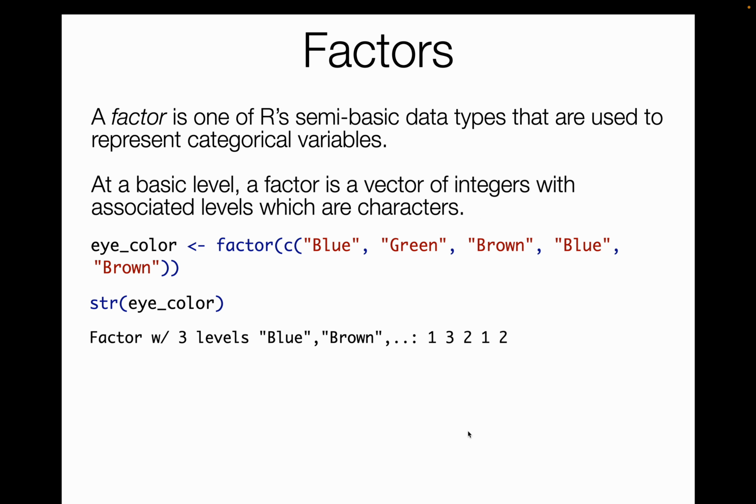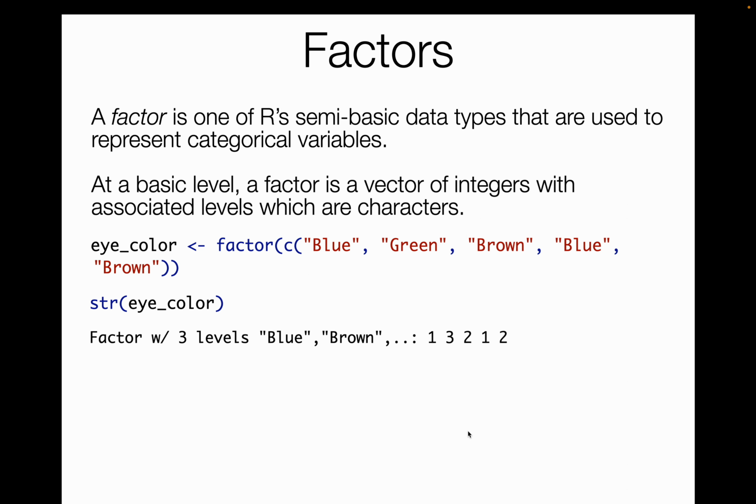And it shows blue and brown, but there's one more comma and some ellipsis after that, so you can imagine that green is going to be the third one. It looks like it sorted them in alphabetical order. So it went blue, brown, green. It didn't do it by what it saw first.